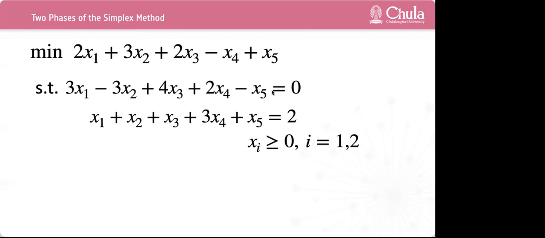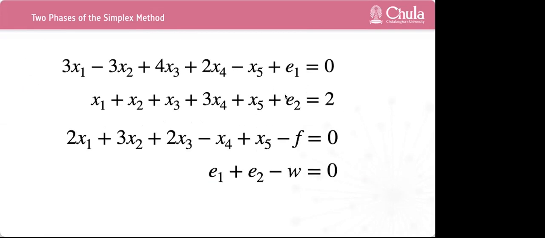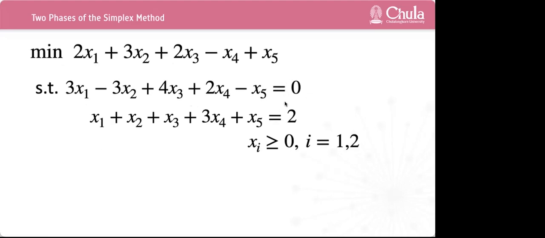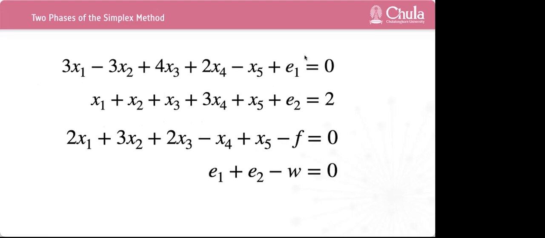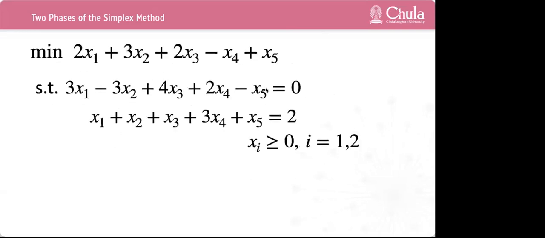For the two-phase algorithm, in the first phase we treat all the equality constraints and also the greater or equal signs. For any equality constraint, we add an extra variable. We call them E1, E2, something like that. For example, the first equality constraint we add E1, and the second equality constraint we add E2.